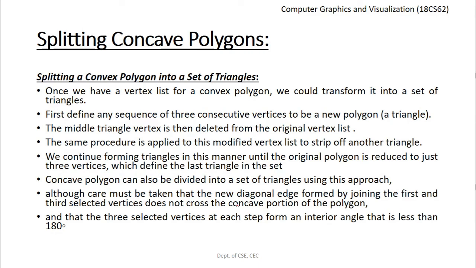Then we discussed two algorithms for identifying a concave polygon. Then we understood how to split a concave polygon into convex polygons. We discussed three methods there: the first was the vector method, the second was the rotational method, and the third was splitting the polygon into a set of triangles.